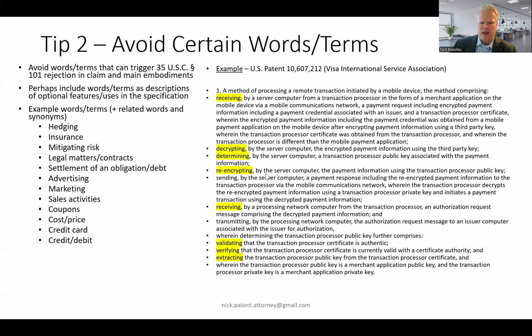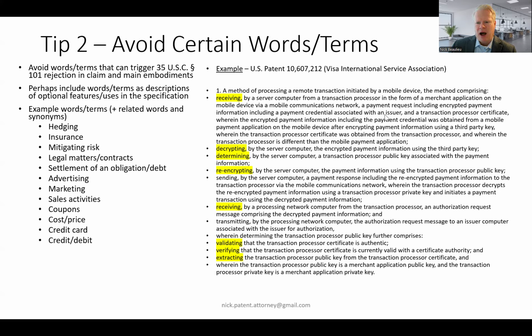So if you look at this example claim, this is aimed towards a credit card transaction, which may be something that would be rejected for being a business method, but they focus on the technology here. They do have some words, like merchant and payment, that I would try to avoid, probably in the independent claims.